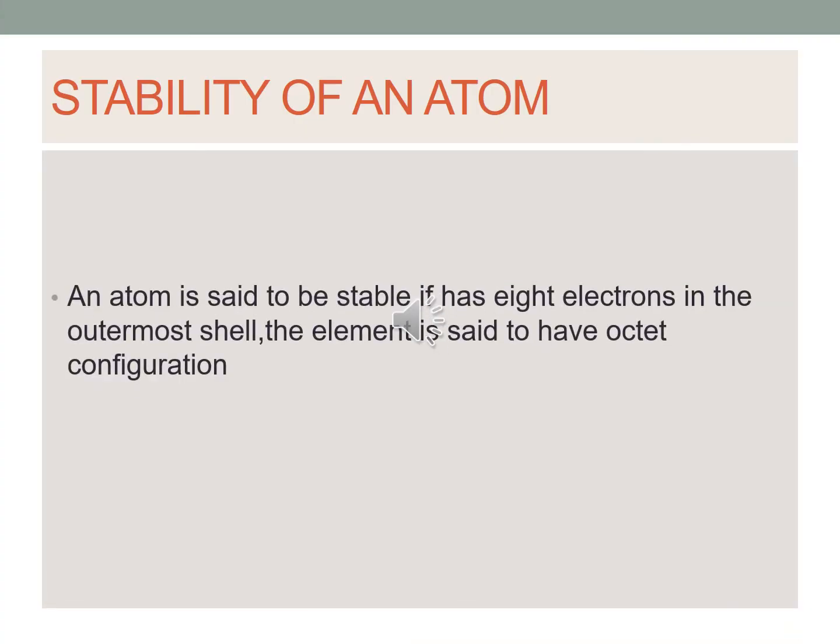Now we will study the stability of an atom. An atom is said to be stable if it has 8 electrons in its outermost shell. Listen carefully. How do we know whether the atom is stable or not?